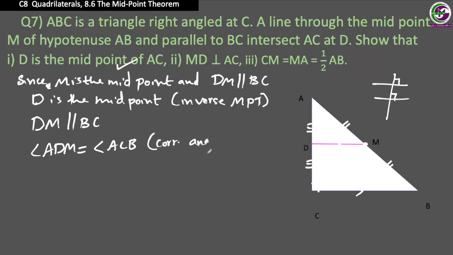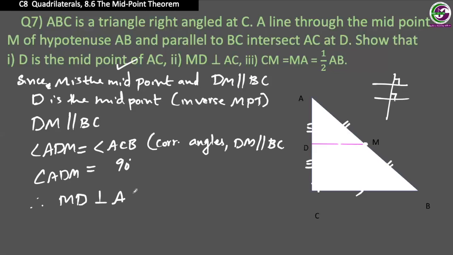Corresponding angles between two parallel lines, DM and BC. So we already know that angle ACB is 90-degree. This is 90-degree already. So angle ADM is 90 degree. Therefore, MD is perpendicular to AC. So the second part is proved.